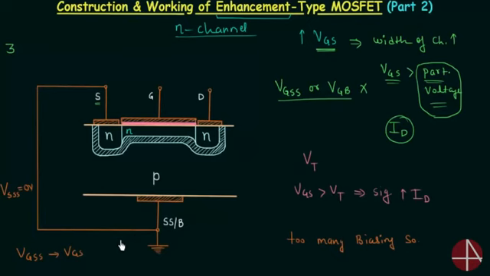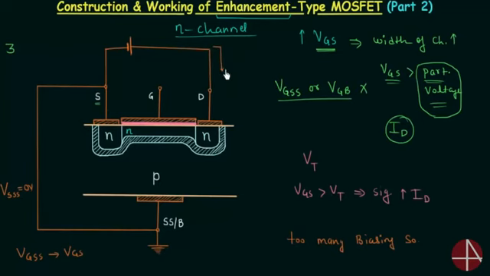Now let's see how we have to make connections between source and drain. Current will flow through the channel, and it will flow through the channel only when the potential at D is not equal to the potential at source. So we will connect a voltage source VDS whose negative terminal is connected to the source like this, and the positive terminal is connected to the drain.